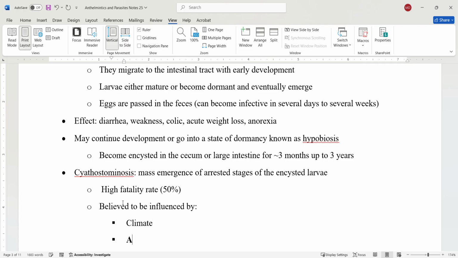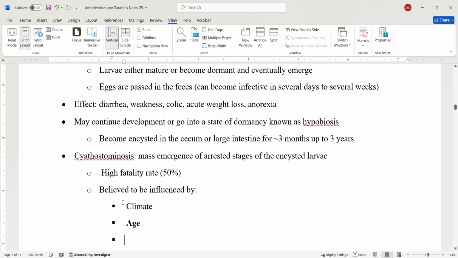It could be associated with age, so we see it often in horses under 6 years old, but not necessarily foals. It's more of a juvenile age, not fully mature, but not a baby. It can also be impacted by the time since the last deworming.